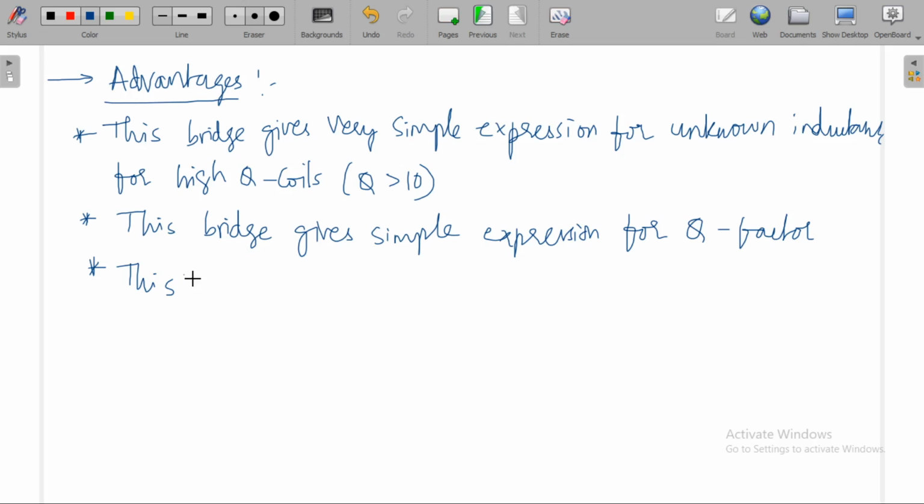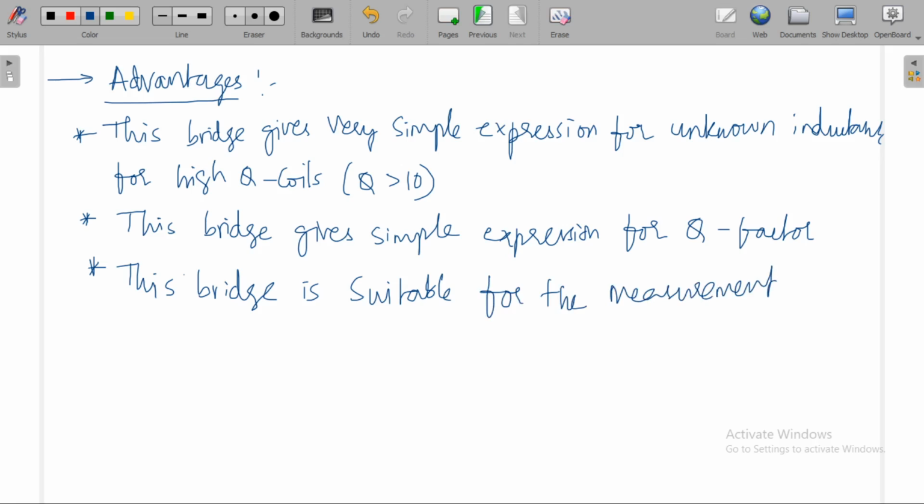This bridge is suitable for the measurement of high Q coils, that is Q is greater than 10.